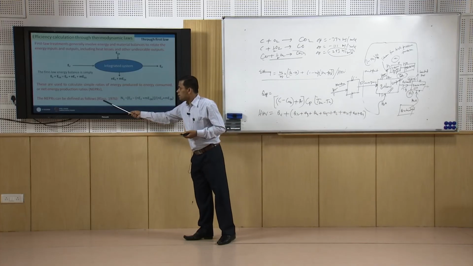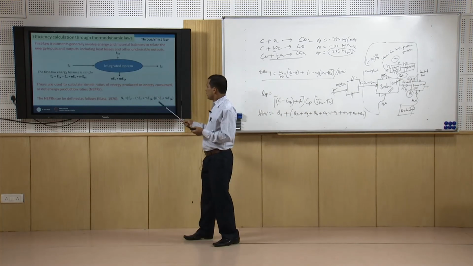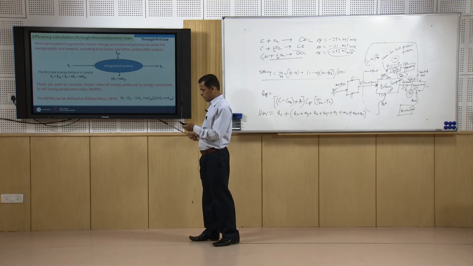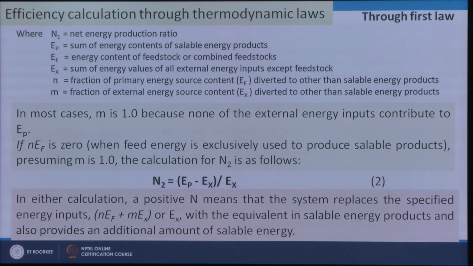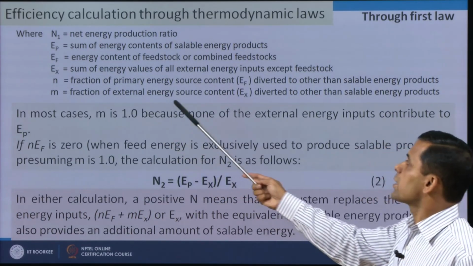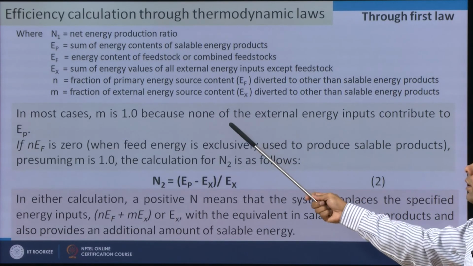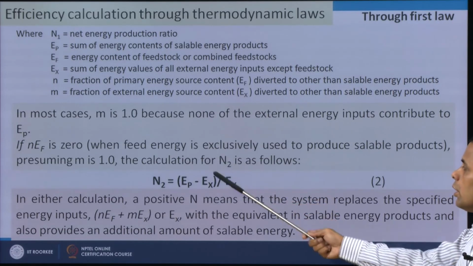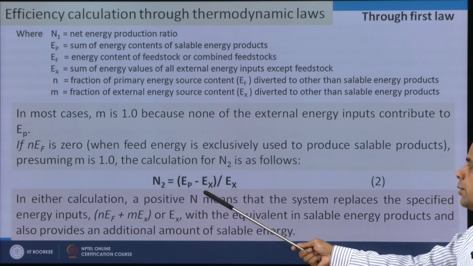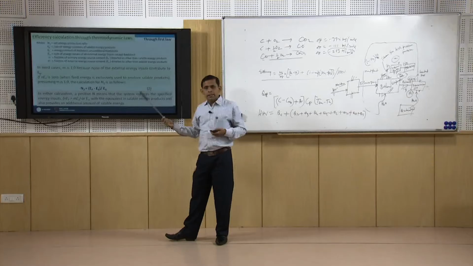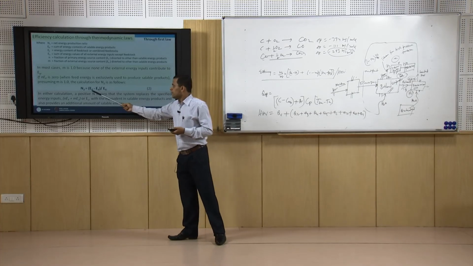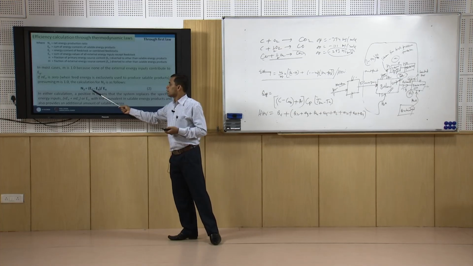This is proposed by this scientist, and normally M is equal to 1 and N is equal to 0, because M is the fraction of external energy content diverted to other than sellable product. So the expression is EP minus EX by EX. This indicates that NEPR is always positive, that means the energy which is produced is much more than which is consumed.